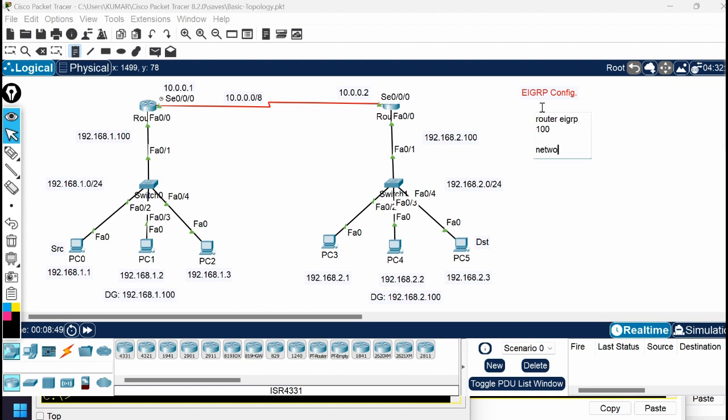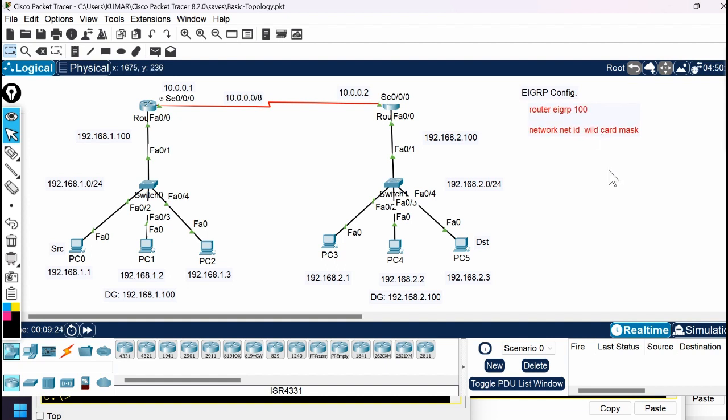The next command will be network, and then the network ID, and then you need to provide the wildcard mask. You need to perform this network command for each of your serial as well as your FastEthernet interfaces, both. That's it. You need to perform this configuration in both the routers. Once you configure this, of course, you are good to go ahead and have the communication as well.